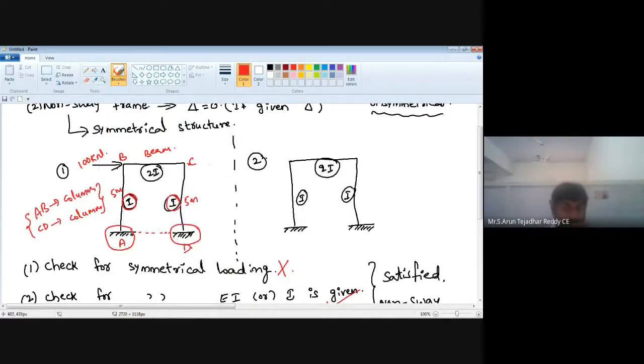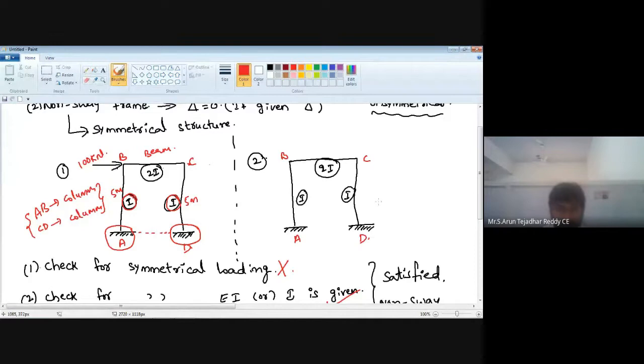Now, coming to the second diagram. First, check for symmetrical loading. Taking A, B, C, D, if you take A to B and C to D, we don't have any loads, so automatically it is a symmetrical loading.